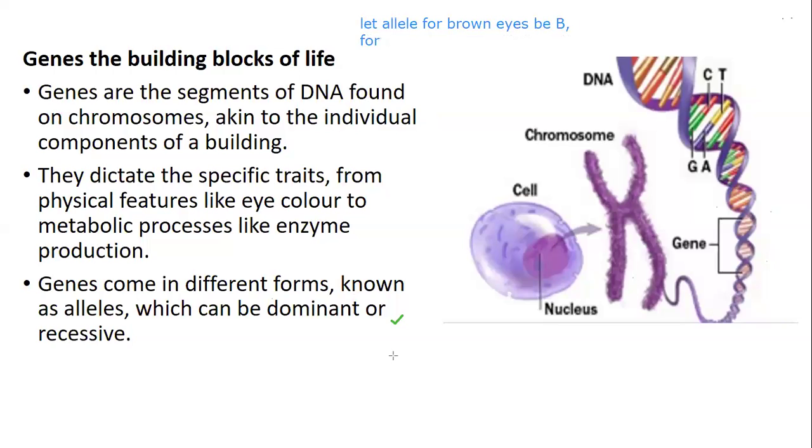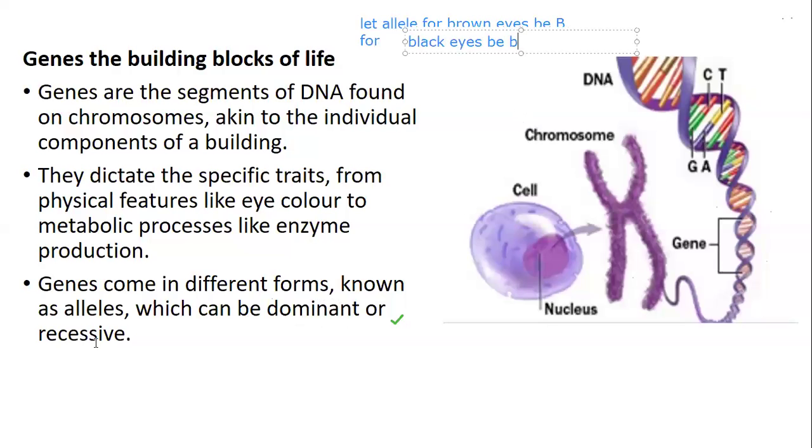Okay, so we are saying let the allele for black eyes be maybe small b. Now you may wonder, why am I saying capital B, small b? Now, these letters come as a result of these concepts of dominant and recessive.